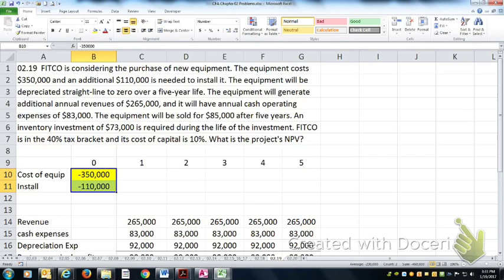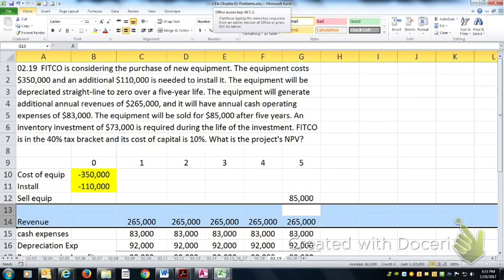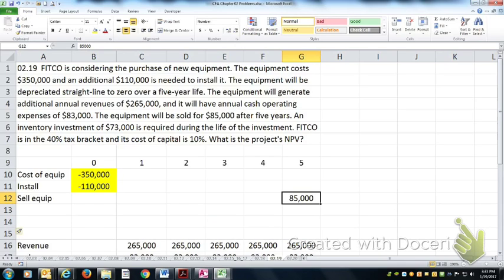Alright, now the equipment's going to cost $460,000, but I'm going to sell the equipment for $85,000 at the end of the period, and that's a positive cash flow, but I'm going to owe income taxes because I depreciated this to zero, but I really should have depreciated it down to $85,000.